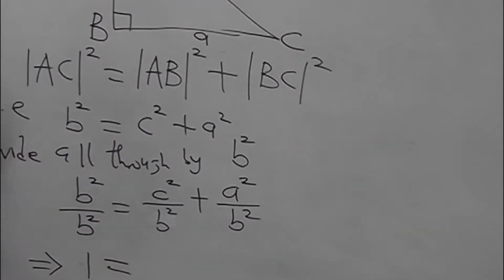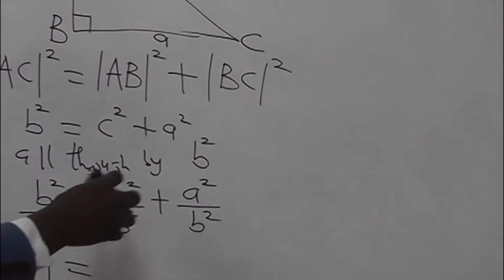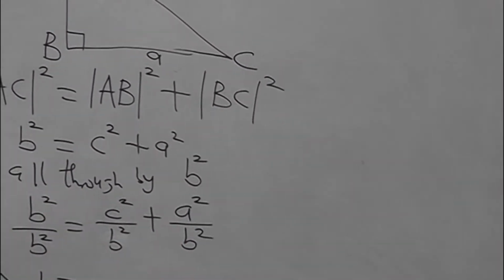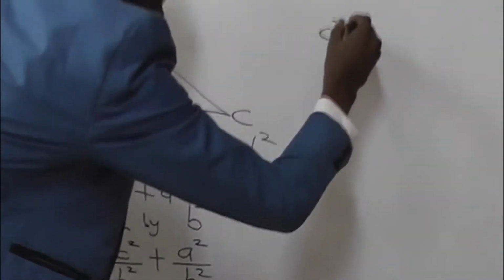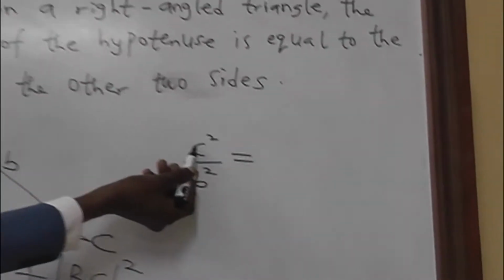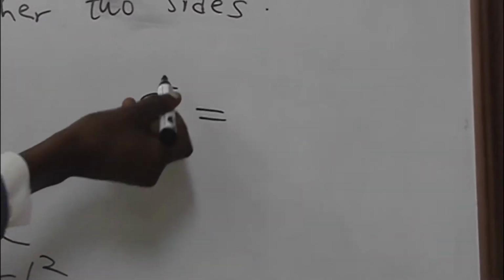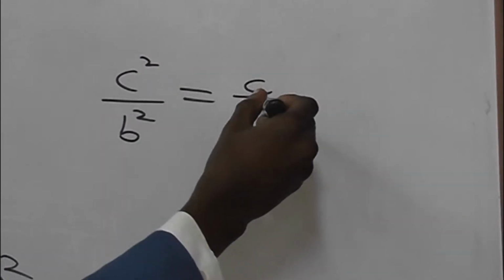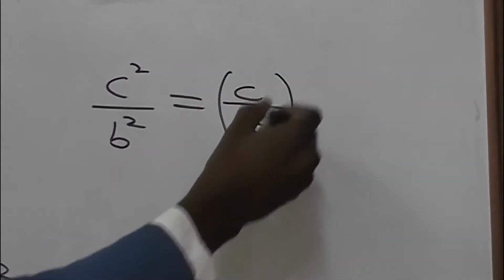There is an aspect of indices that says if you have c square over b square, it is the same thing as taking c without the square, over b without the square, then squaring it.